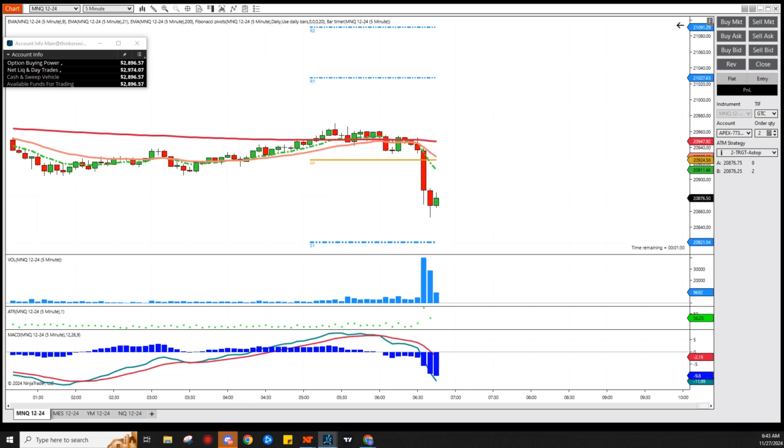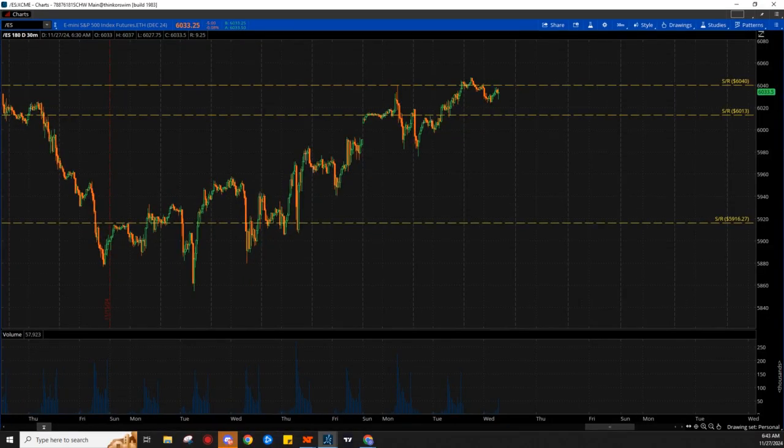NVIDIA 135 test. Guys, I think we need to watch this. Let's keep an eye on that. Yes, holding up, but 6,040 staying in until I get stopped out. NVIDIA 135 starting to show some rejections.